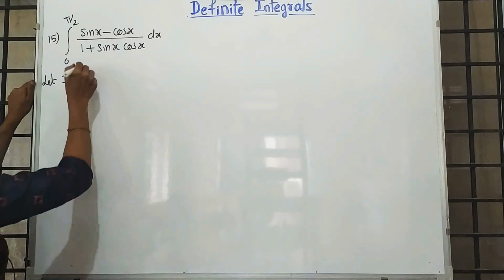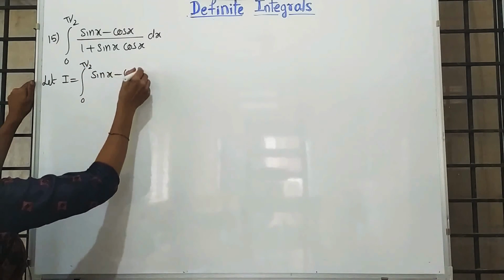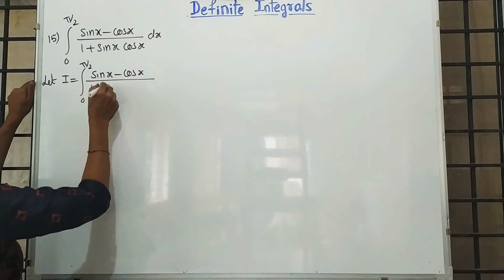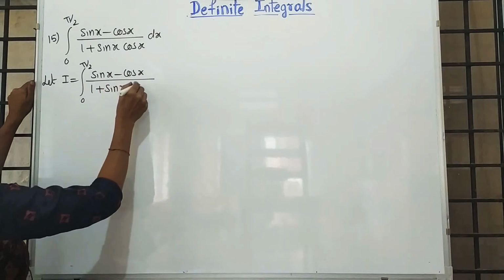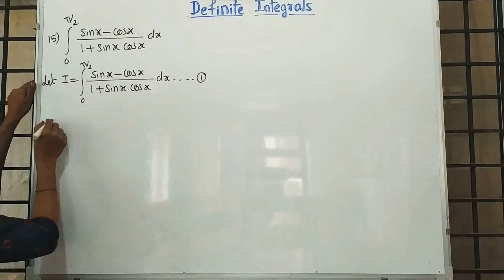I is equal to the integral from 0 to pi by 2 of sin x minus cos x upon 1 plus sin x into cos x. Let us call this equation 1.